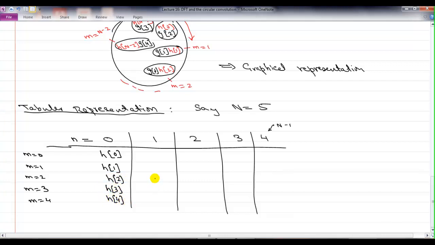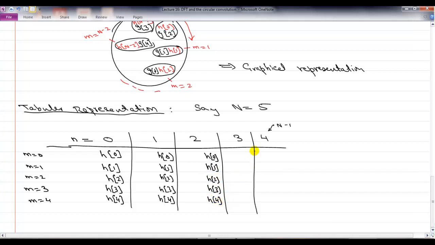in the first column. Now since I am keeping my h sequence fixed, I will repeat that in each of the columns corresponding to the 5 output values. So I'll have it the same for n equal to 1, I'll do the same for n equal to 2, and I'll do the same for n equal to 3 and n equal to 4.